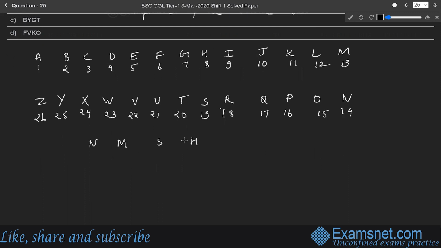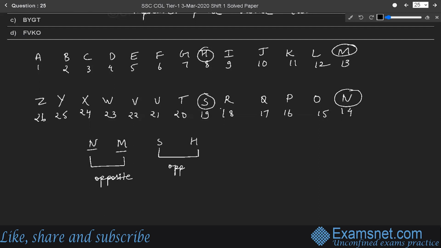You can see that first two letters are N and M. And looking at the table carefully, we find that M and N are opposite to each other. So both these pairs are opposite to each other. Similarly, S and H. Looking at the table, S and H are also opposite to each other. So both these are pairs that are opposite.